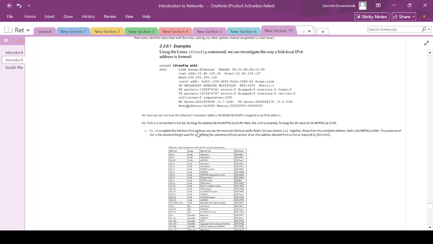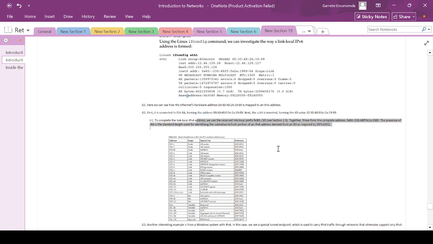To complete the link local IPv6 address, we use the reserved link local prefix FE80::/10, see section 2.5.